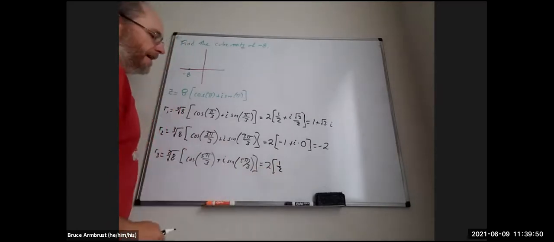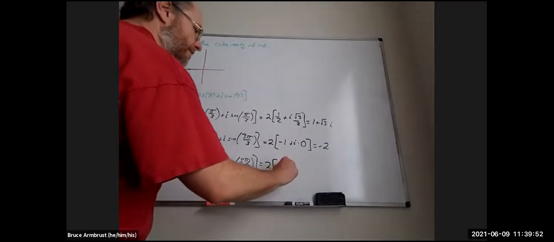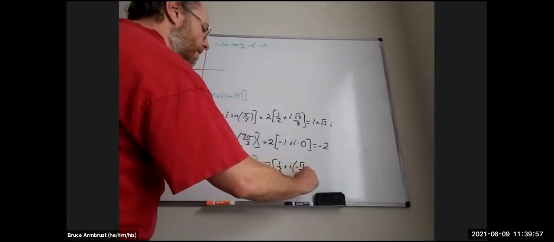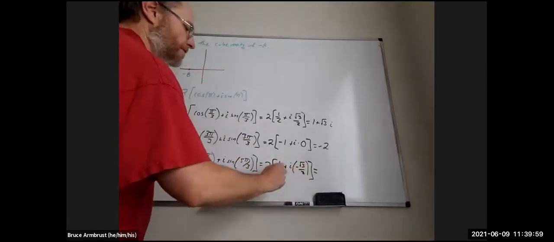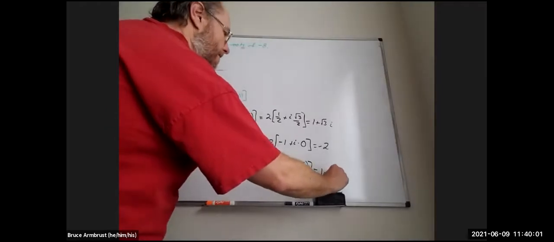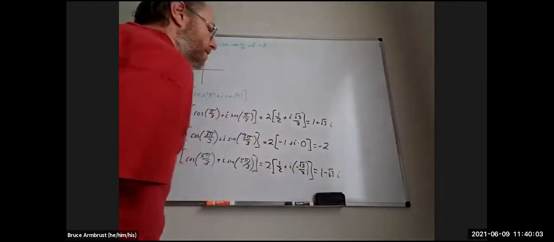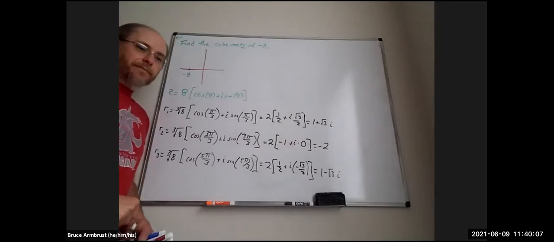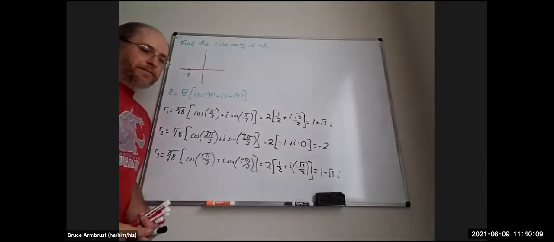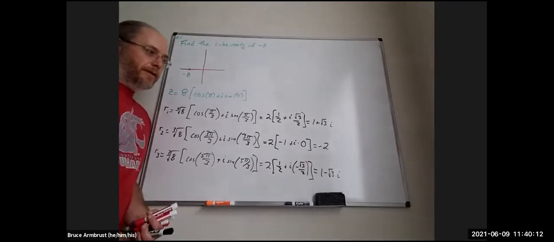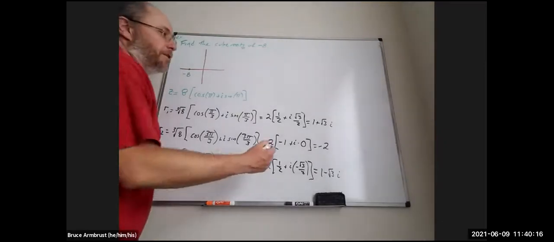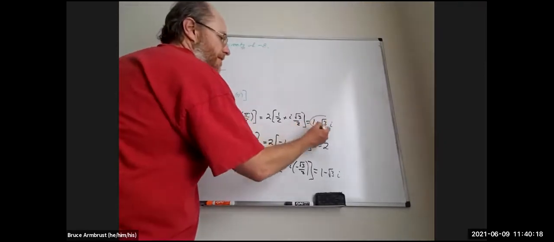And then the sine of 5 pi over 3, that's actually a negative root 3 over 2. And so if I distribute again, I'm going to get 1 minus square root of 3 times i. All right, so there you go. There are the 3 cube roots of -8.